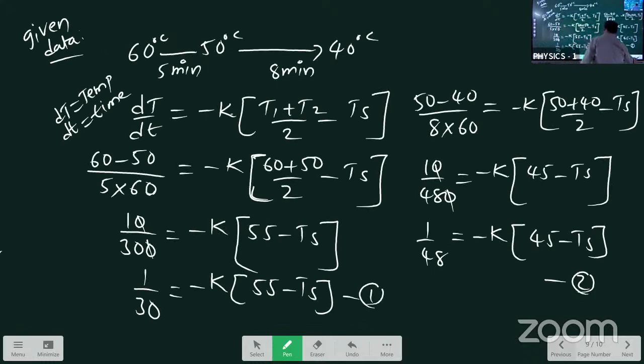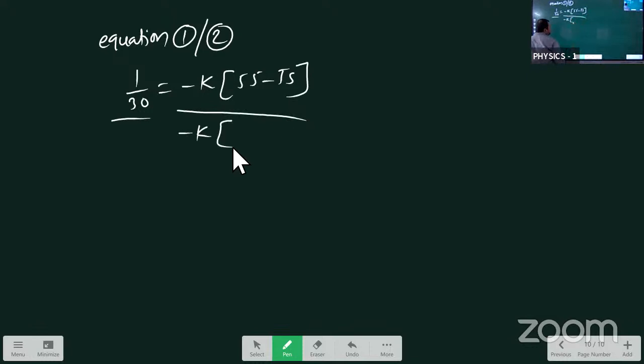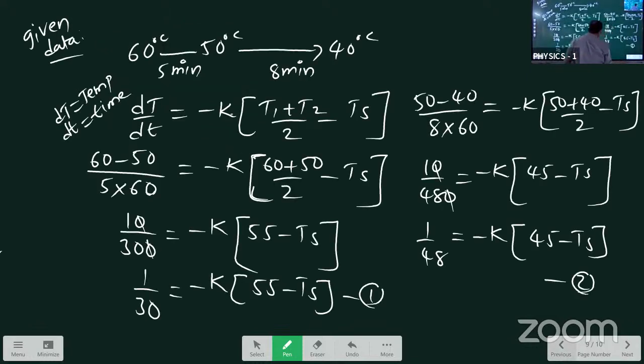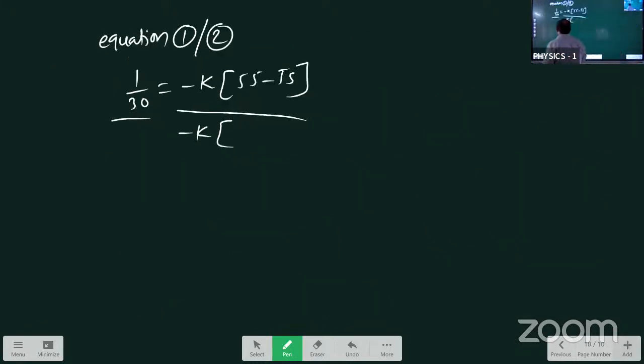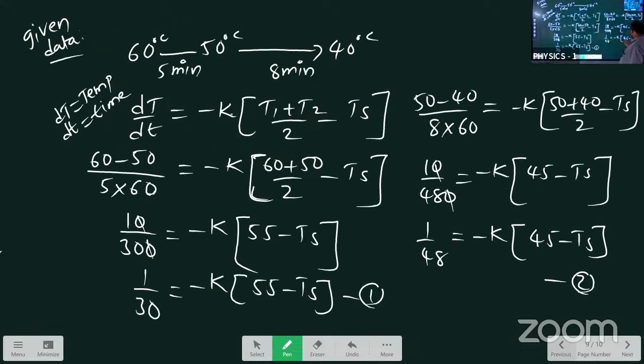Equation 1: 1 by 30 minus K (55 minus Ts). Here also minus K. Equation number 2: 1 by 48 minus K (45 minus Ts).